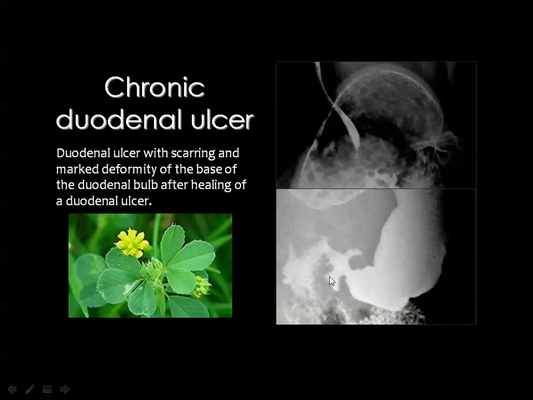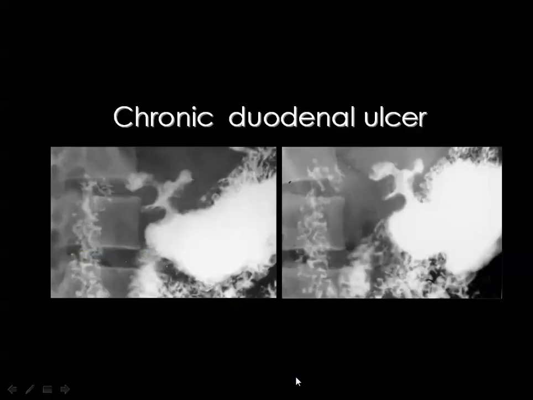And here you can see the trefoil deformity indicative of the presence of chronic ulceration, cicatrization, and fibrosis. And this is also another example of the trefoil deformity of the duodenal cap by barium meal, indicative of chronic duodenal ulceration.